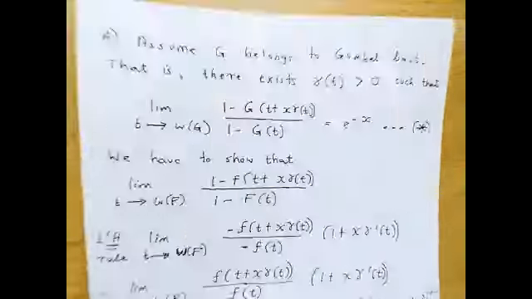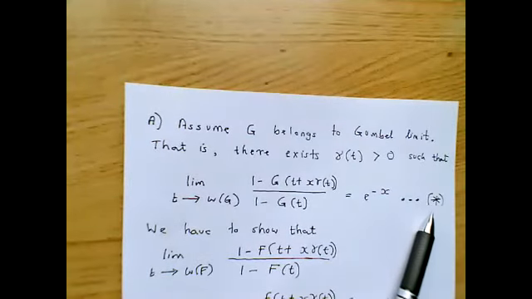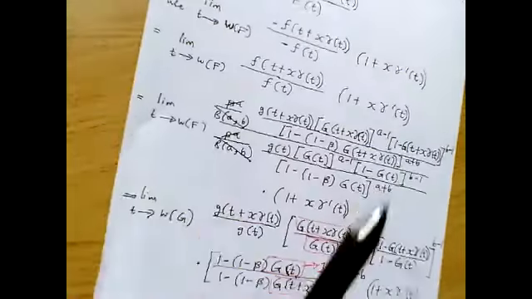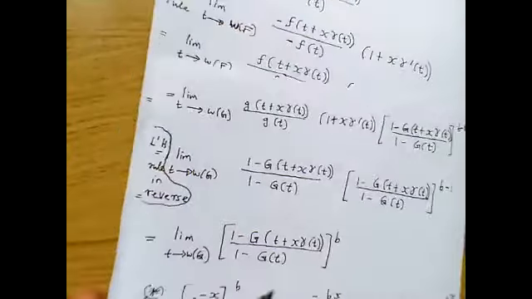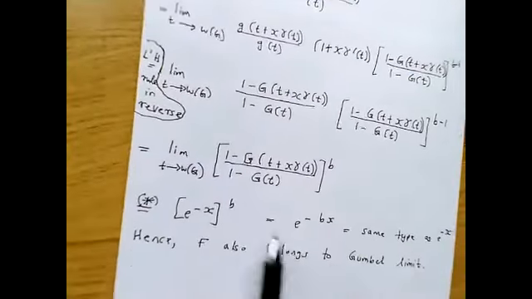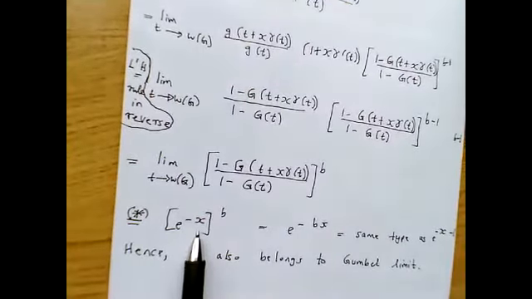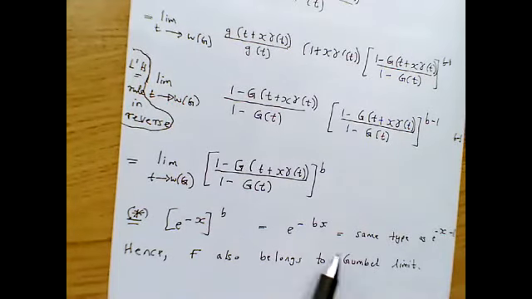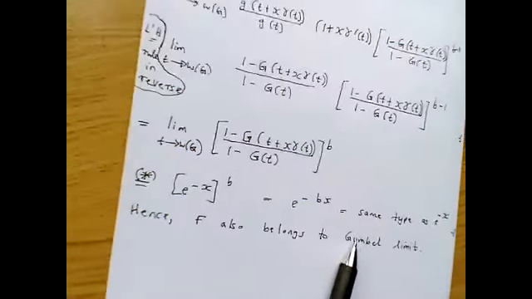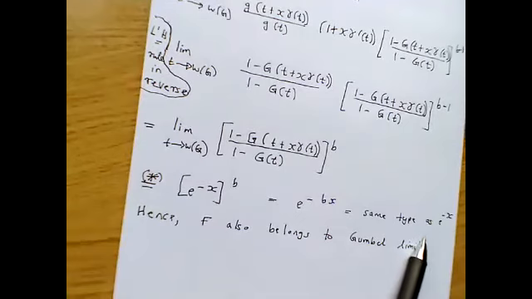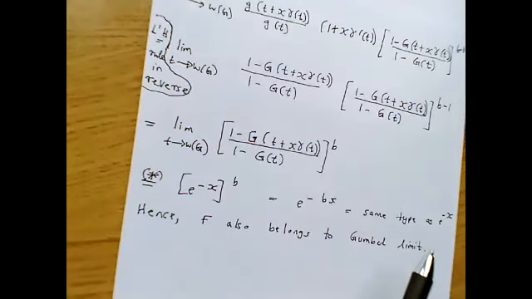This is your star, all right? So using star, this guy is equal to e to the minus x to the power b, which is of the same type as e to the minus x. All right. So hence, we have shown that f also belongs to the Gumbel limit.